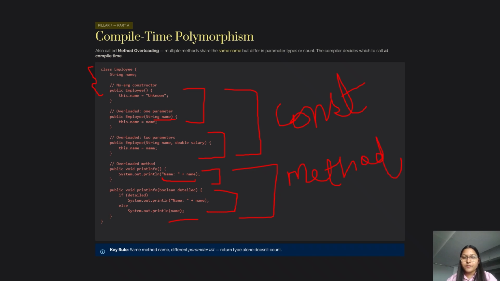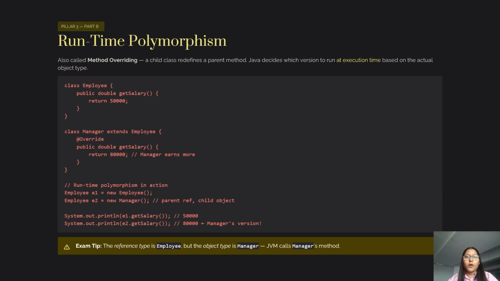Right? Next we'll talk about runtime polymorphism. In compile time polymorphism, the compiler decides at compile time which method will be called, but in runtime polymorphism, it is decided at runtime which method will be called, right? So a child class redefines a parent method.